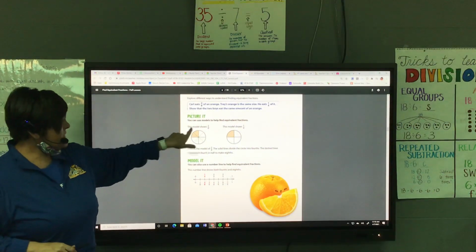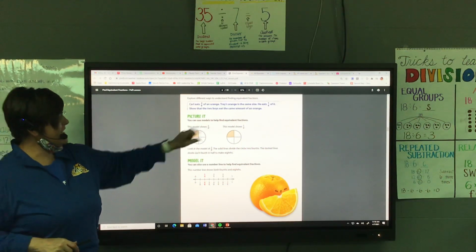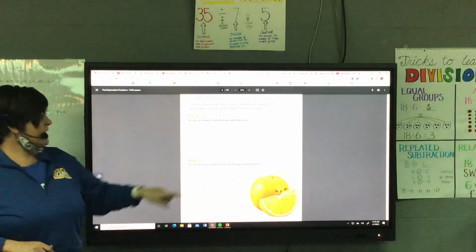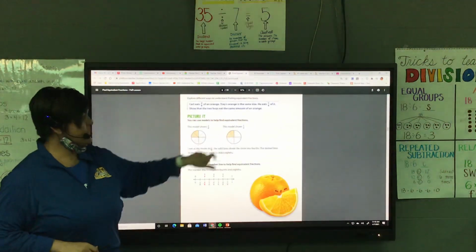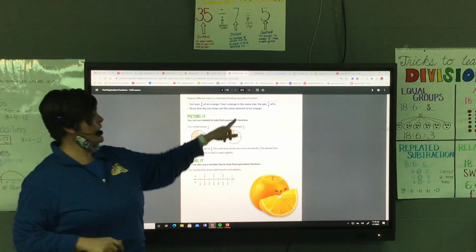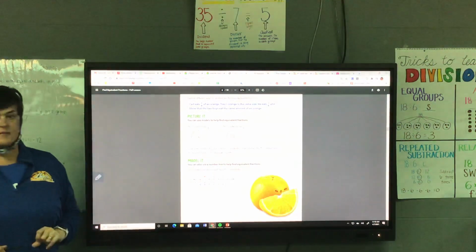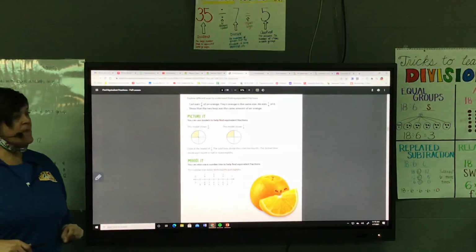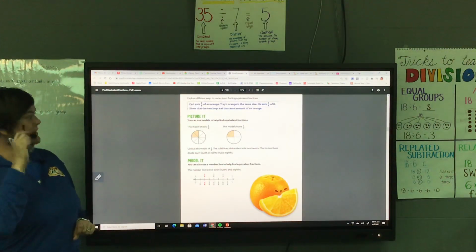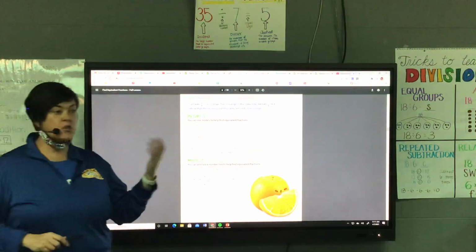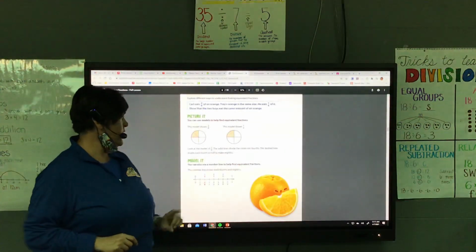So they split this orange into 8 equal parts, and Carl ate 2 of them. If an orange is split into 4 equal parts and Trey ate 1 of them, are those equivalent? Did they eat the same amount? Yes. So 2/8 is equal to 1/4.